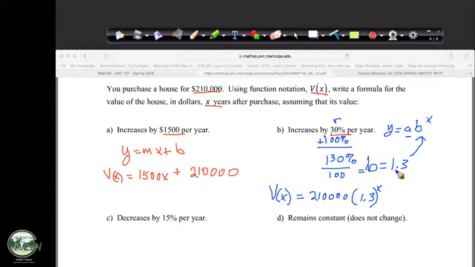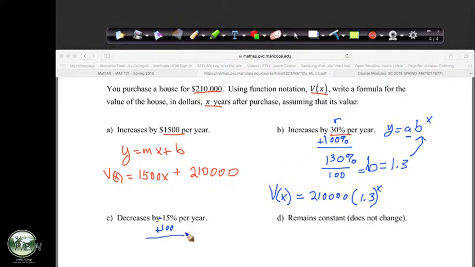Okay, I'm going to look at this next one. Within a context, it's decreasing by 15%. Again, we've got the rate. How do we get to the base? We add 100 to a negative 15%. So it's 100 here, but we make the rate negative.